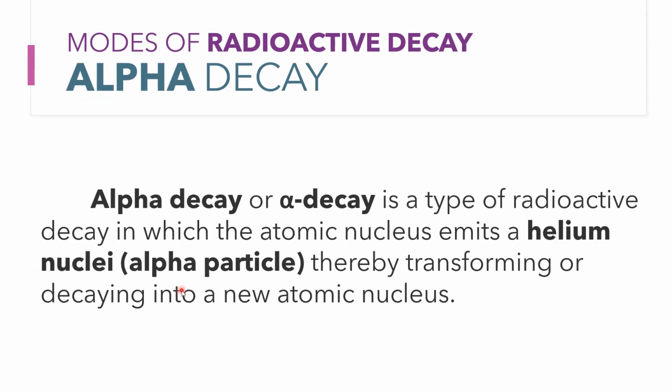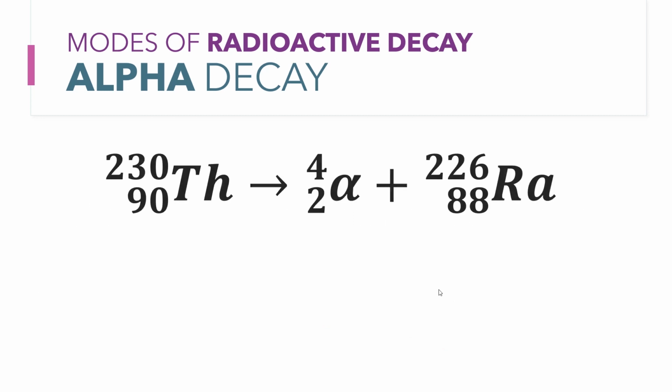Okay, so let's talk about the alpha decay first. So alpha decay is a type of radioactive decay in which the atomic nucleus emits a helium nuclei, thereby transforming or decaying into a new nucleus. So simple lang naman to.